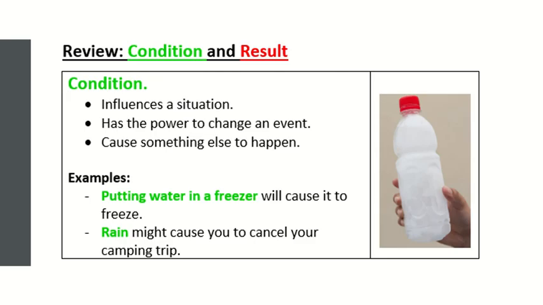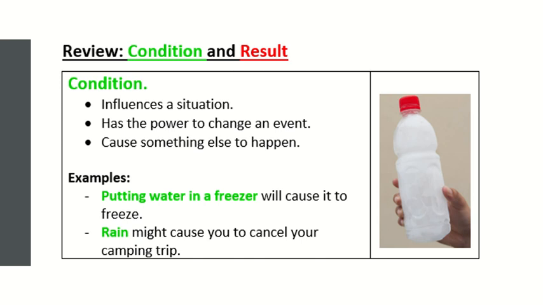Now, let's quickly review condition and result. Remember, a condition is something that influences a situation. It has the power to change an event, cause something else to happen. For example, putting water in a freezer will cause it to freeze. Rain might cause you to cancel your camping trip.